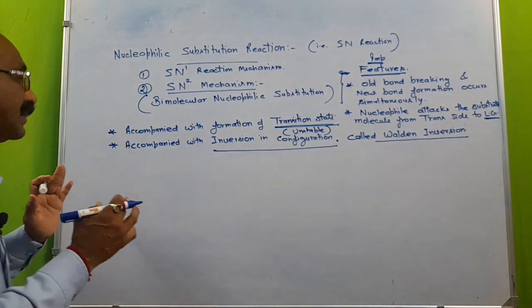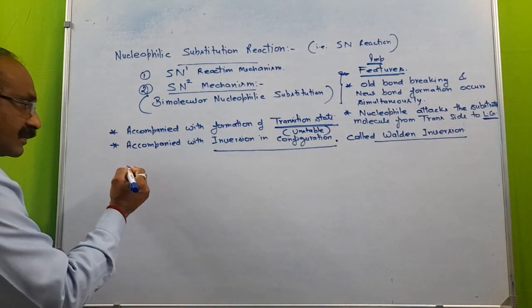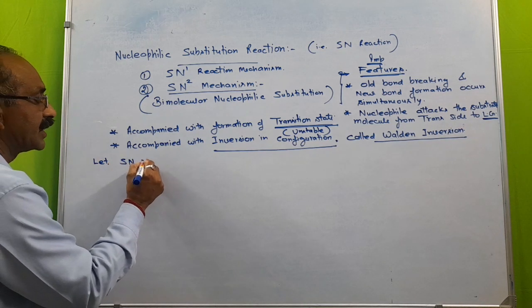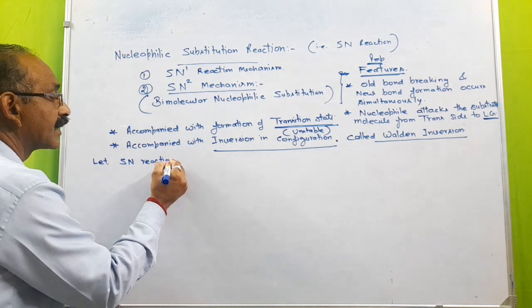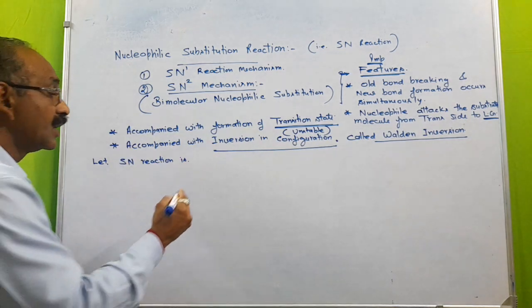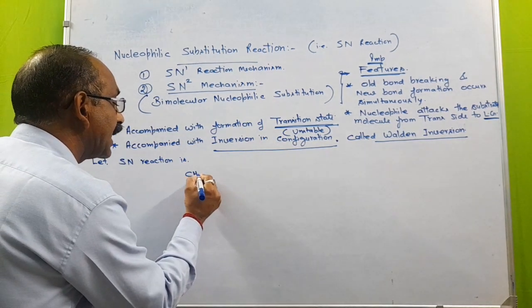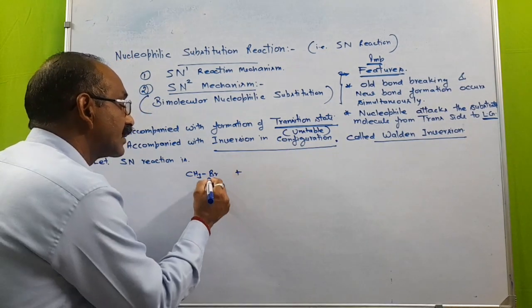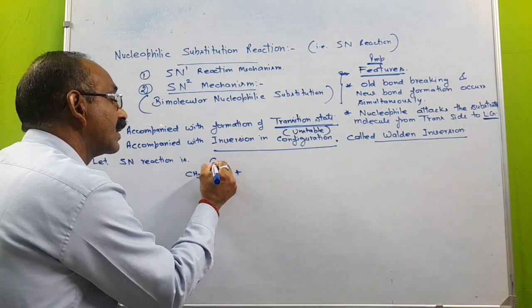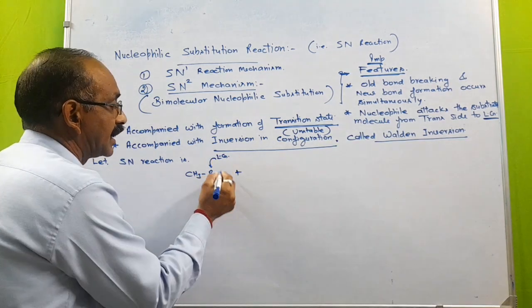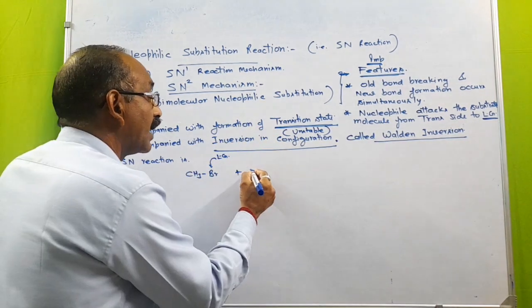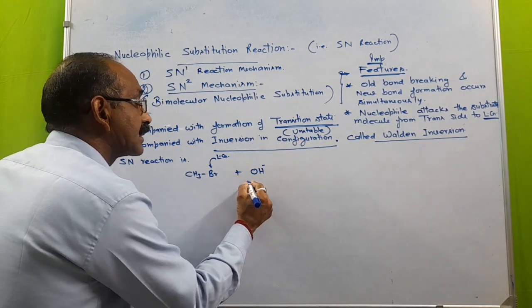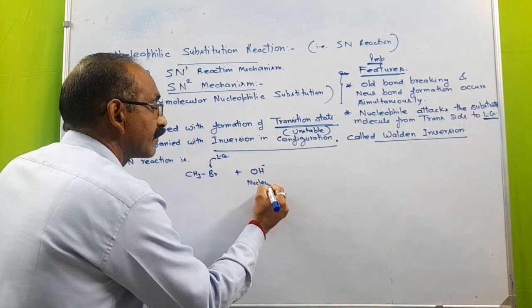Let your nucleophilic substitution reaction be CH3Br, and here this Br is our leaving group. This group is to be replaced by the nucleophile, and our nucleophile is OH minus.